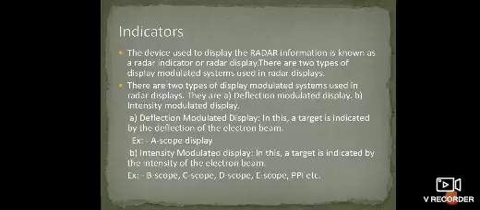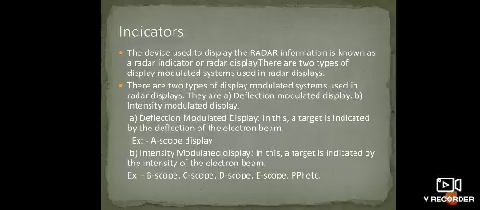The target is indicated by the intensity of the electron beam, by brightness changes of the electron beam. The first one, deflection of the electron beam, is called the deflection modulated display. The other is called the intensity modulated display, where the target is indicated by the intensity of the electron beam.